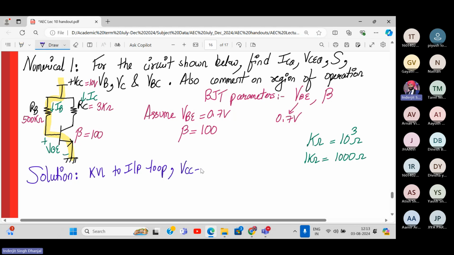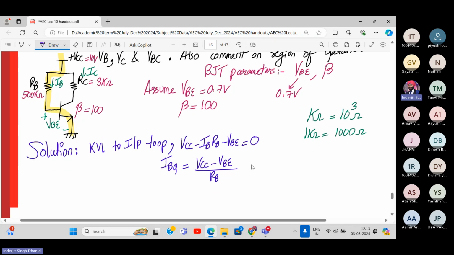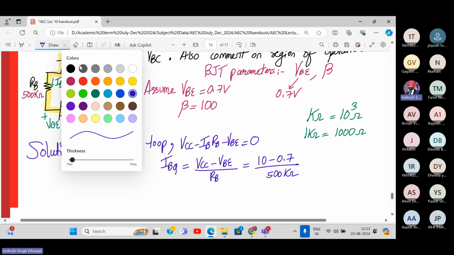It's VCC minus IBRB minus VBE is equal to 0. So what is the expression for IBQ? VCC minus VBE upon RB. So how much is VCC? 10 volt. How much is VBE? We have assumed 0.7. How much is RB? 500 kilo ohms.